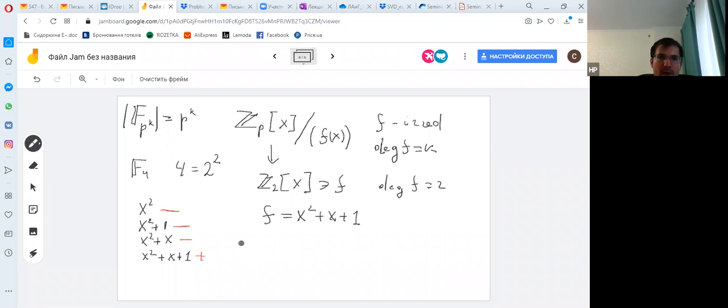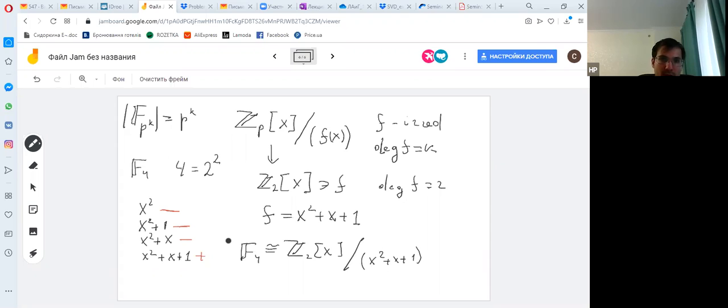Okay, and then F4 is isomorphic to Z2[x], all polynomials over Z2, factored by this ideal, which is generated by x squared plus x plus 1.